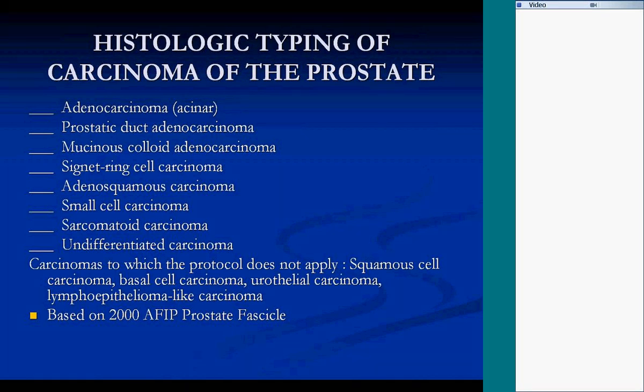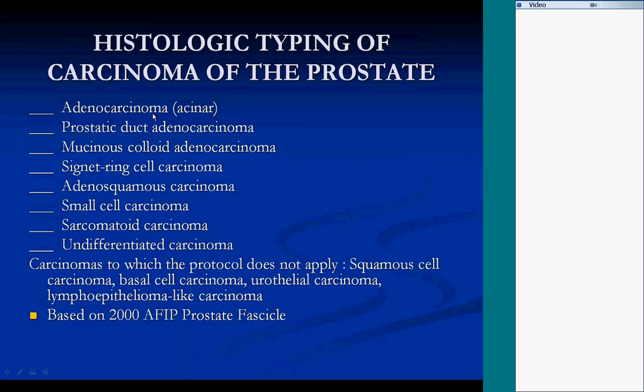So as far as histologic typing, the CAP protocol has a classification scheme based upon the 2000 Armed Forces Institute of Pathology Prostate Fascicle, and we see that now in this slide. And this really follows pretty closely to the World Health Organization Blue Book classification.